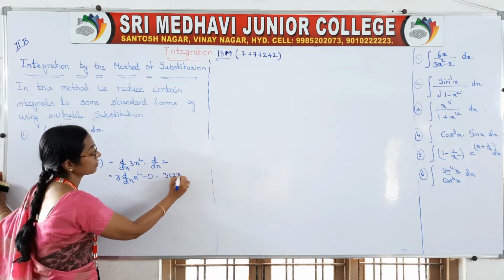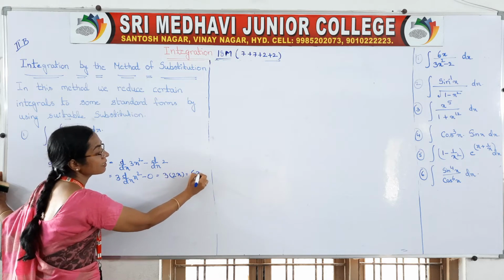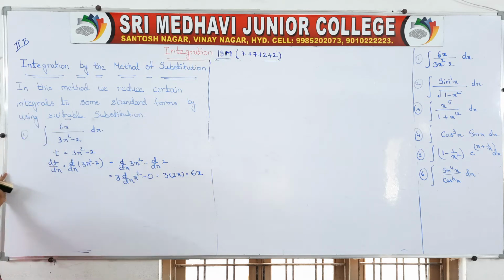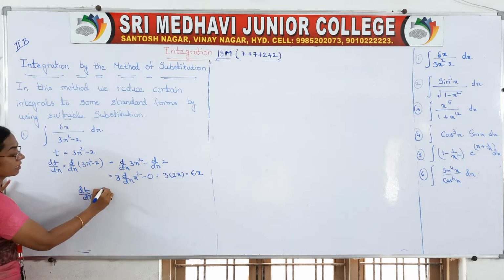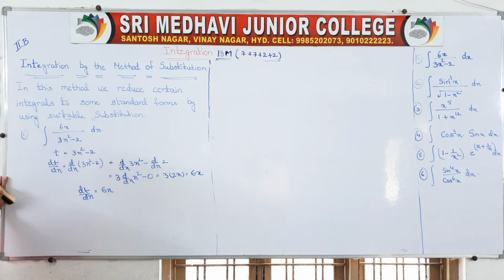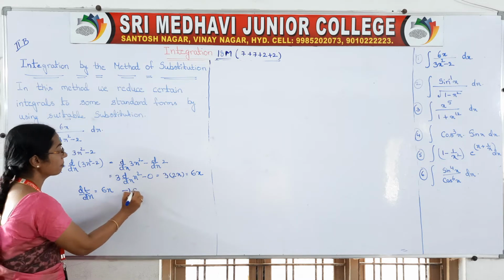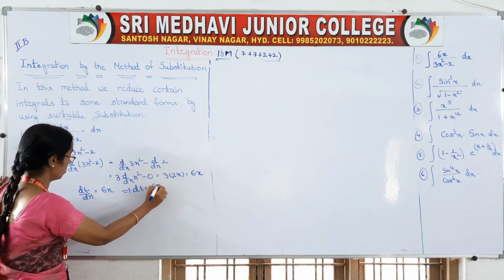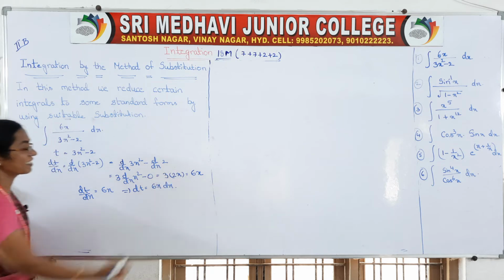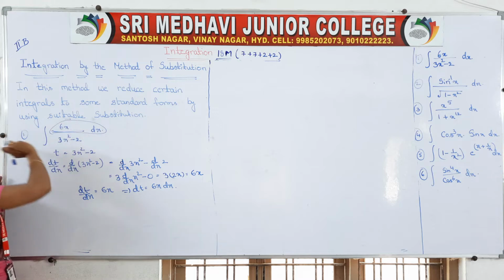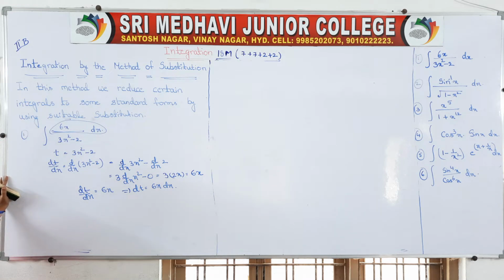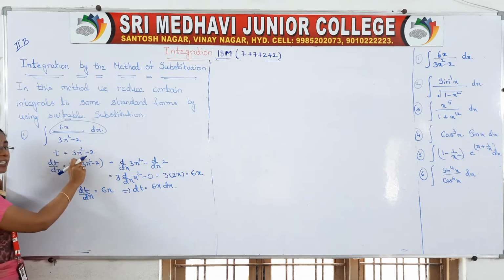The derivative of a constant, you know it very well, is 0, right? So d by dx of x square is 2x, and 3 twos are 6, so 6 into x. Which value did we get? dt by dx is equal to 6x. Send dx to that side, what happens? dt is equal to 6x dx. See, we have taken this as t and we got this as dt.